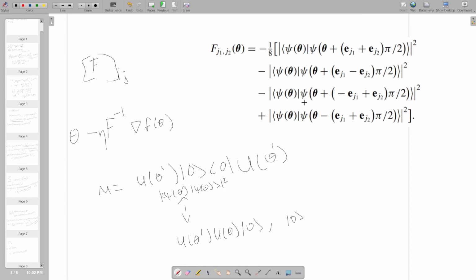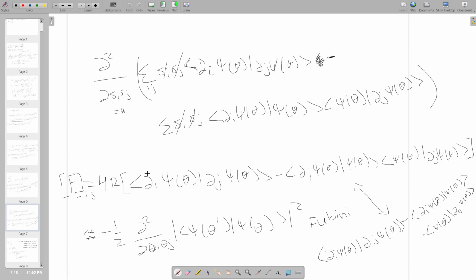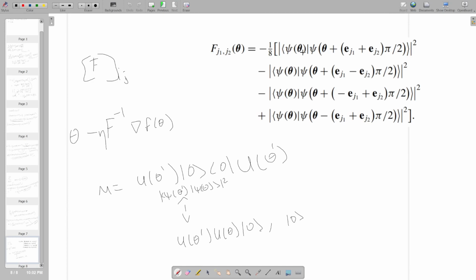But focusing on this formulation of it, we can see that if we go and look at the Hessian, we're simply applying the parameter shift rule twice. So now we just have this different formulation. Let's go back here maybe. So we have this inner product of partials, and these are derivatives, remember, in this case, partials that we're all adding up to get a specific element in this Fisher information matrix or Fubini-Study metric tensor.